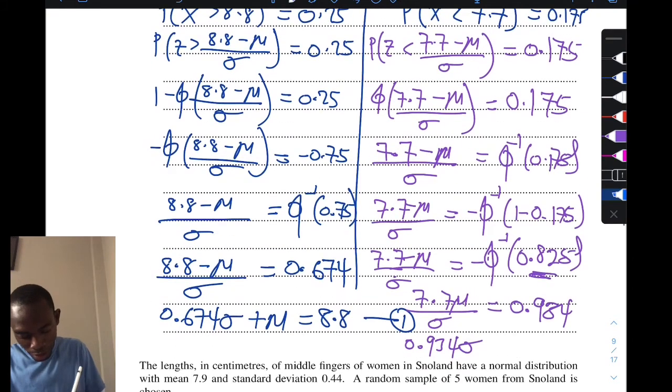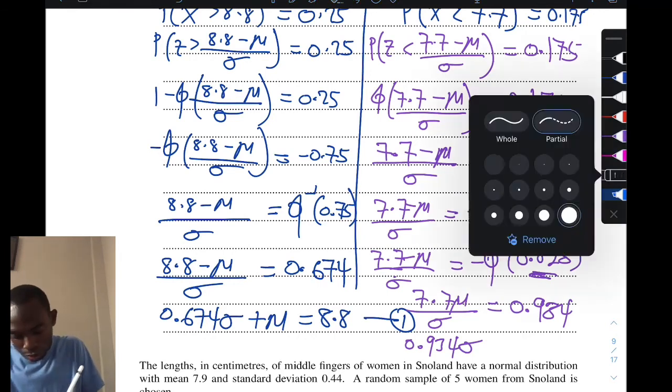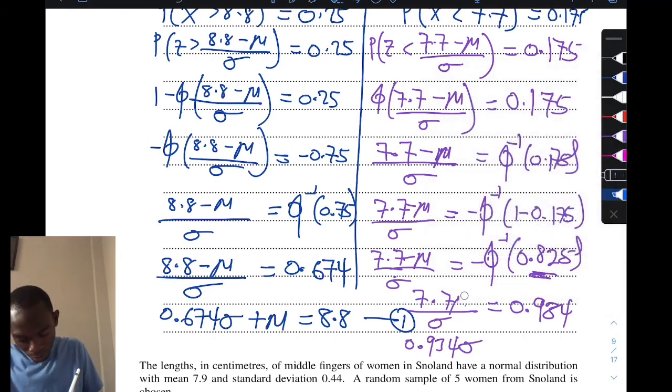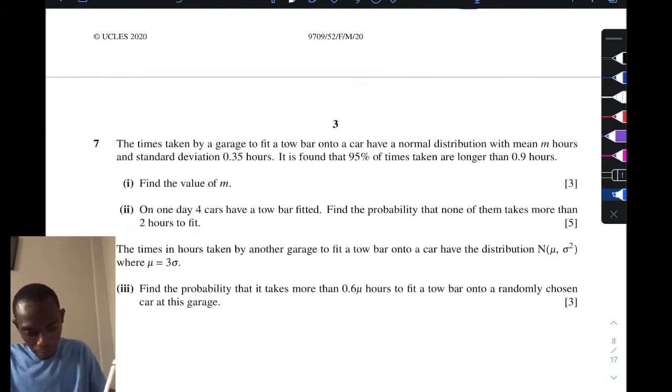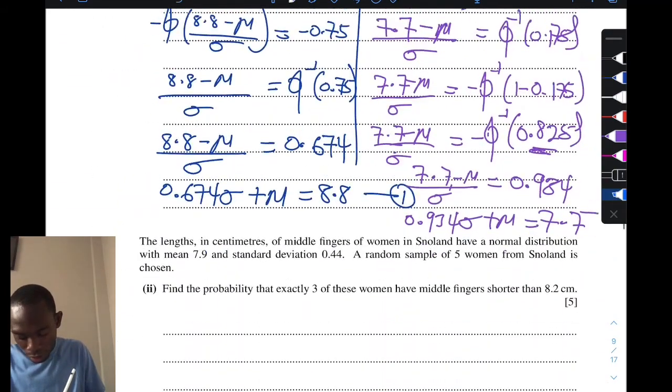Oh, it is minus, and then I did not write that well. Minus mu. Great. So plus the mu is equal to 7.7. Okay, let's call this equation 2.